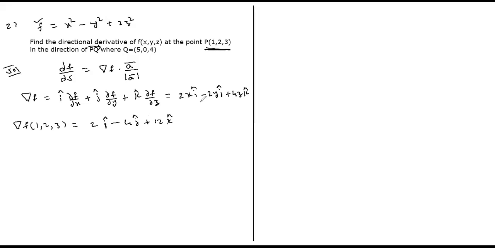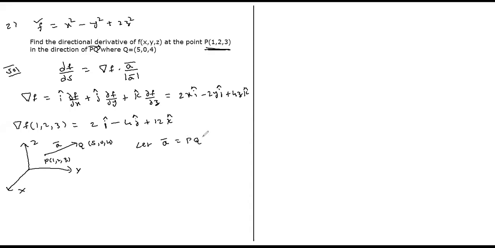But in what direction do you want the directional derivative? The point is 1 2 3, and you want it in the direction of PQ bar, where Q is 5 0 4. This is not the exact location, but you can understand, right? You want the directional derivative of the function at this point in this direction. So this is going to be a bar. How do you compute this a bar? Let a bar equal PQ bar.